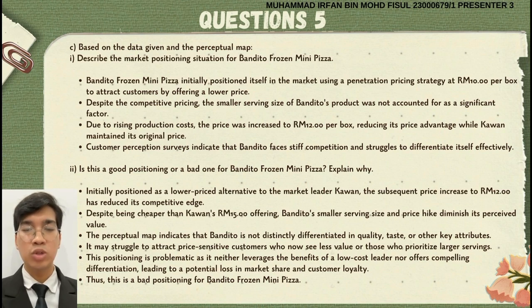Additionally, if the perceptual map indicates that Bandito is not distinctly differentiated in quality, taste, or other key attributes, it may struggle to attract price-sensitive customers who now see less value, or those who prioritize larger servings and established brands. This positioning is problematic as it neither leverages the benefits of a low-cost leader nor offers compelling differentiation to justify the higher price, leading to a potential loss in market share and customer loyalty. Thus, this is a bad positioning for Bandito frozen mini pizza.